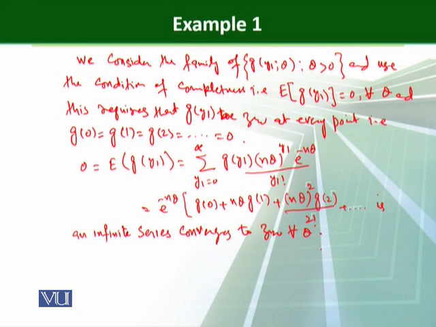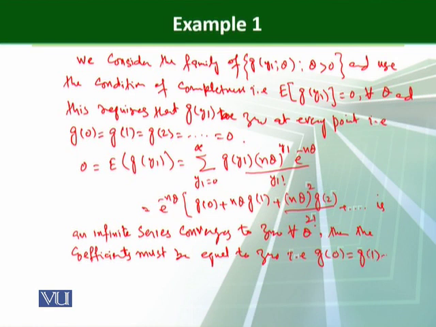If it converges to 0, then the coefficients must be equal to 0, which means that g of 0, g of 1 and so on are all equal to 0, and that is what we want to prove, because we have to show that the function g of y1 is 0 for all values of y1.